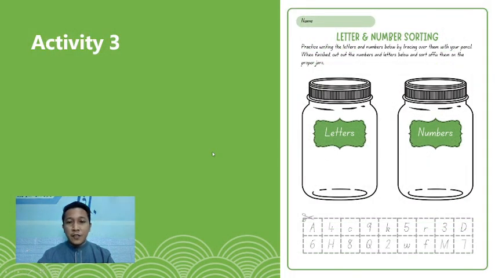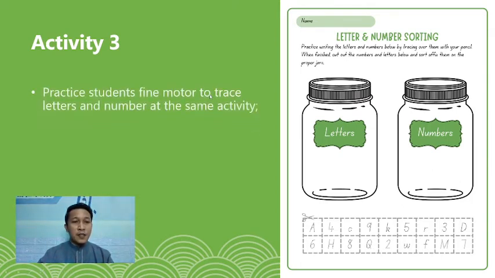The last activity that is possible to promote students' recognition of letters and numbers by using writing is letter and number sorting. In this activity, students can practice their fine motor skills by tracing letters and numbers. First, they will be asked to trace the letter here.